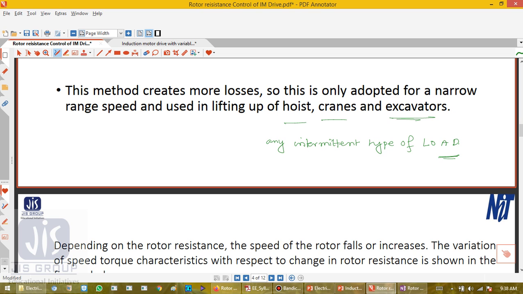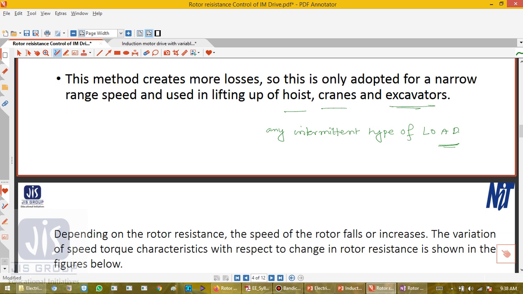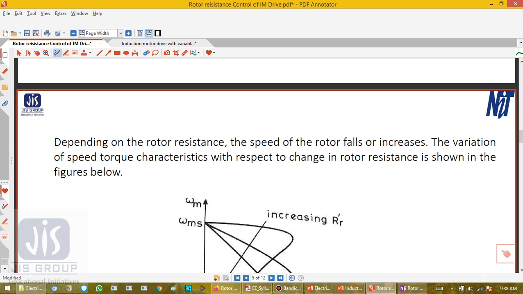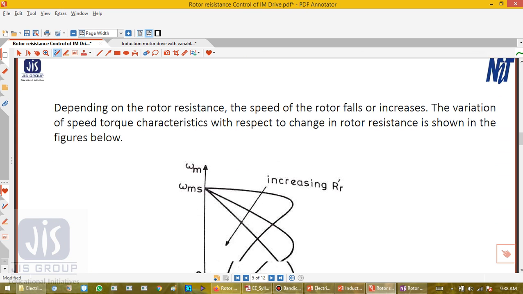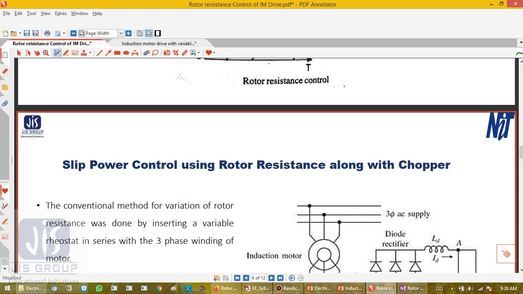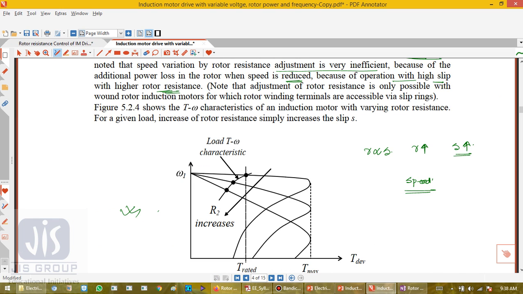Okay, and depending on the rotor resistance, the rotor speed falls or increases. So we have discussed this, but the losses mainly take place in the external resistor. They do not heat the motor. So this we also have to keep in mind.